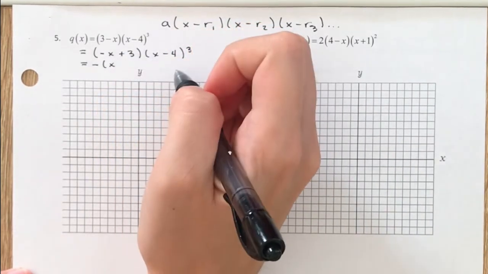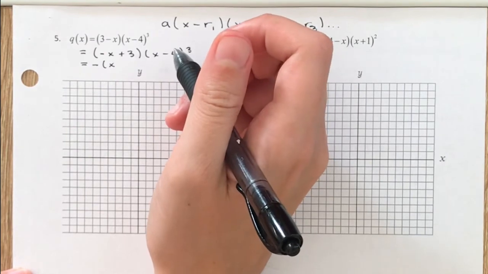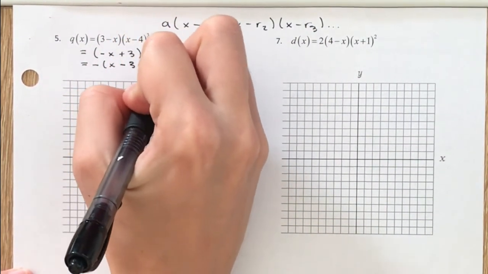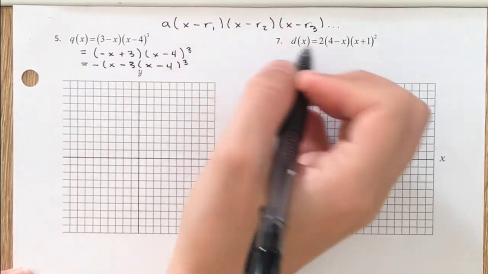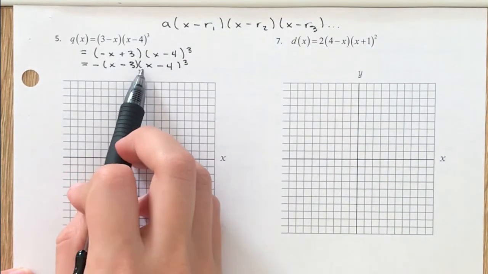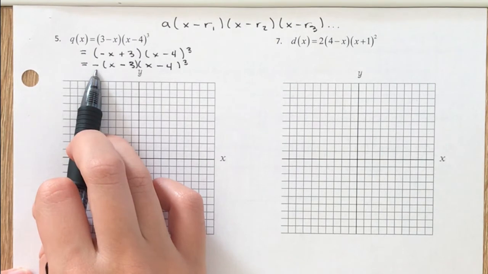If I divide positive 3 by -1, what happens? I end up with -(x - 3)(x - 4) cubed. Oops, forgot parentheses there. So this has actually done something important, right?